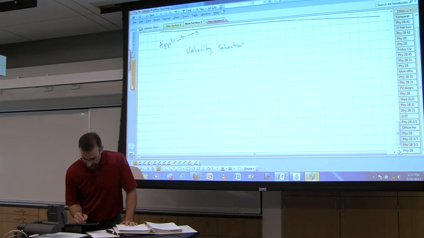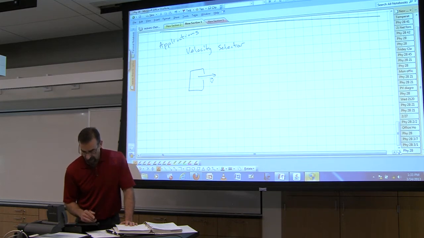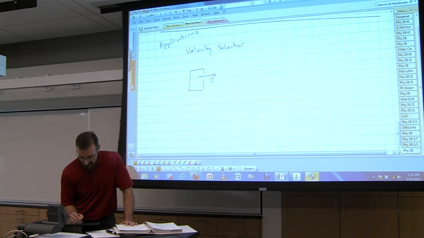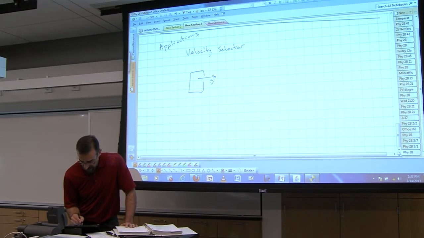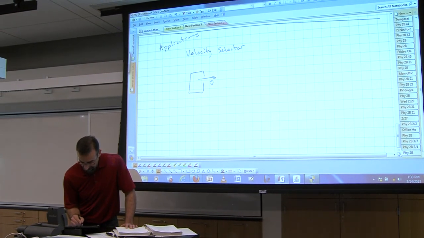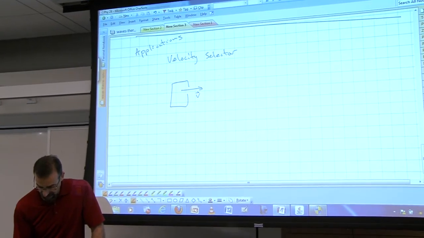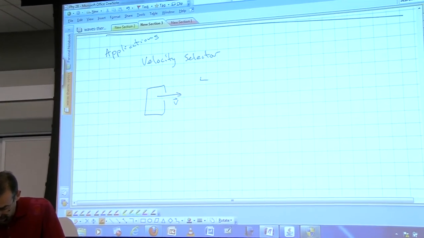So you have a section here where you have particles coming out, and you're hoping that the charged particles are coming out with a certain speed, but chances are there's a range of speeds. And what you do is you run them through a magnetic field and an electric field. So you have like almost a capacitor.